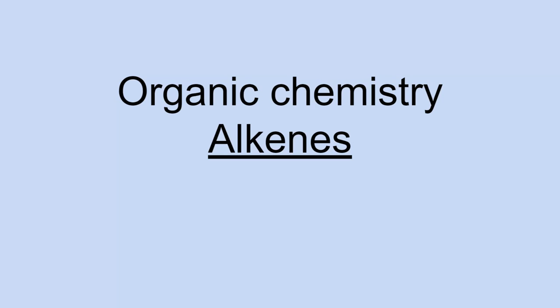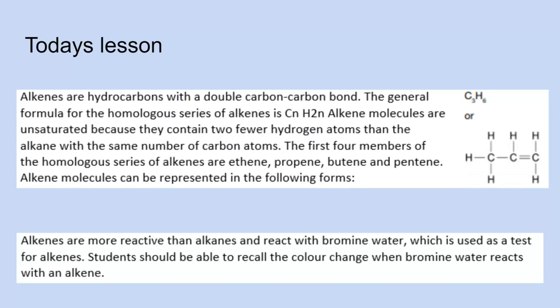Okay, so today we're going to be focusing on alkenes. This is what AQA expects you to be able to know, remember, and apply to questions. So we'll be going over all of this today. Alkenes have a double bond, that means that they are unsaturated.